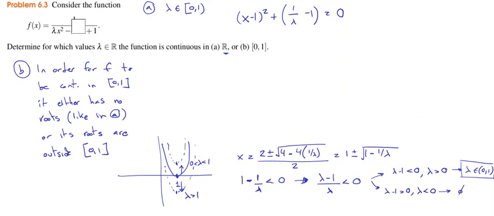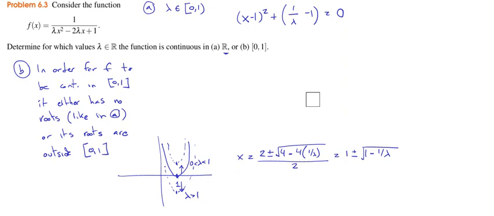So we've seen if lambda is different than 0, then the roots are this. Let me go here. We have two possible roots. x1 is 1 plus the square root of 1 minus 1 over lambda, and x2 is 1 minus the square root of 1 minus 1 over lambda.